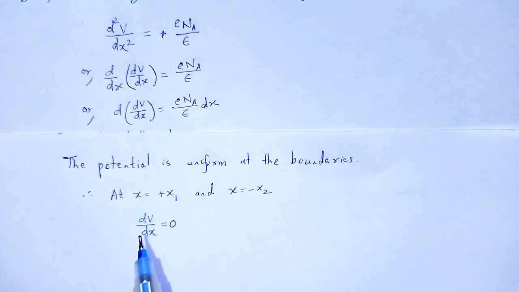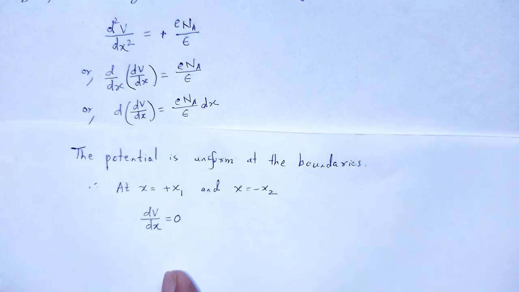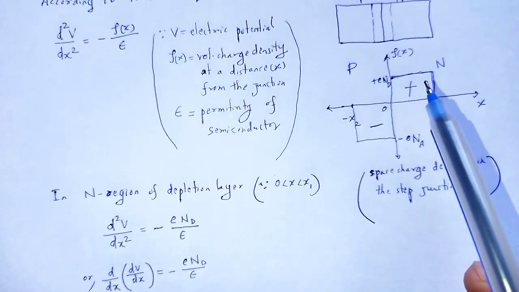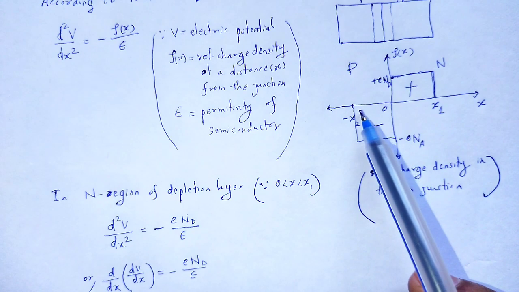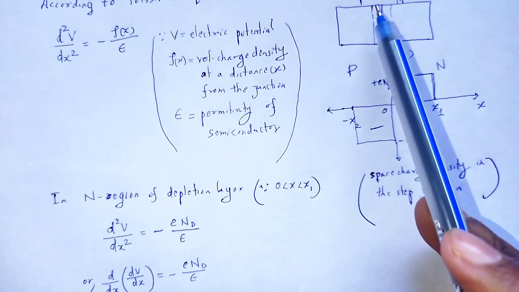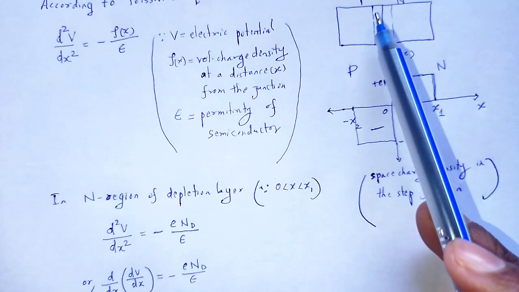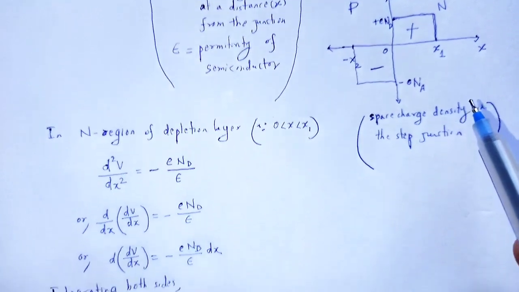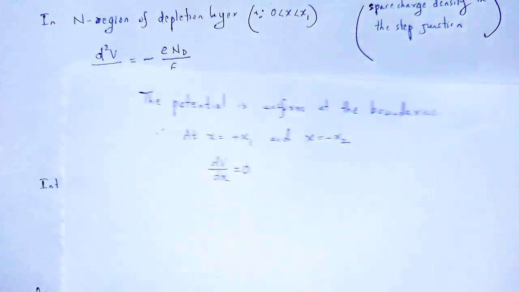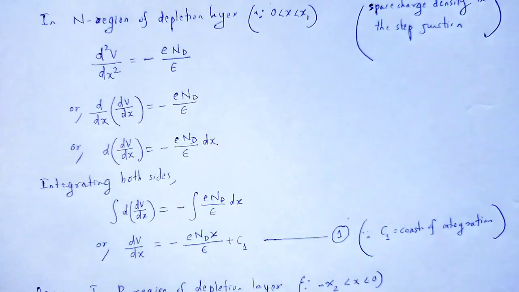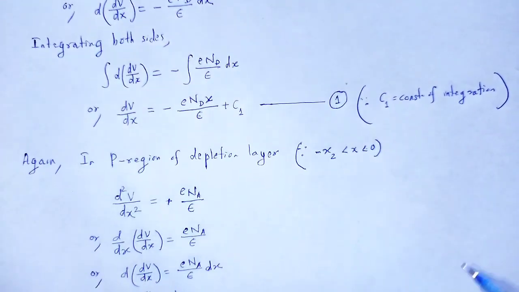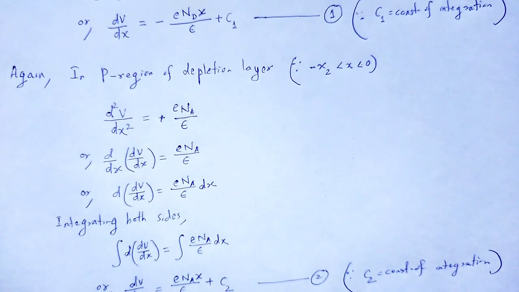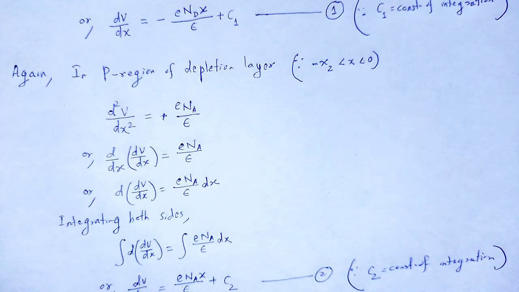Therefore, the rate of change of potential with distance is 0. This boundary condition is applied to equation number 1 and equation number 2 in order to evaluate the constants of integration C1 and C2.